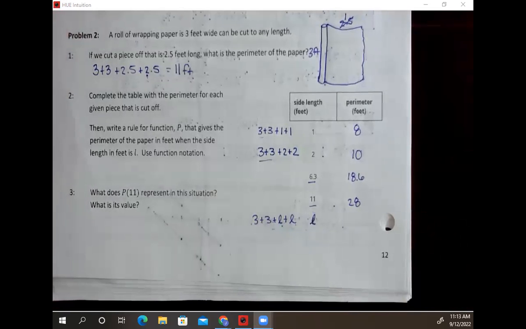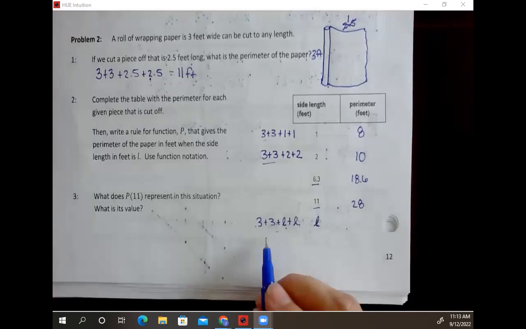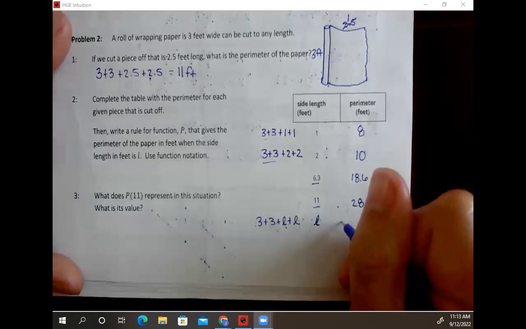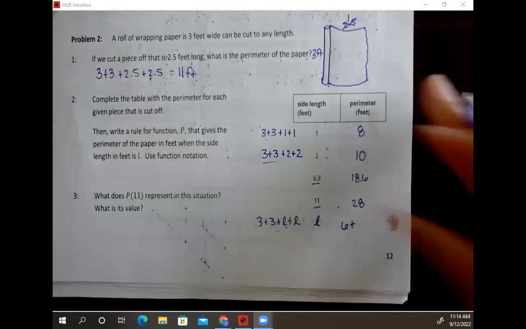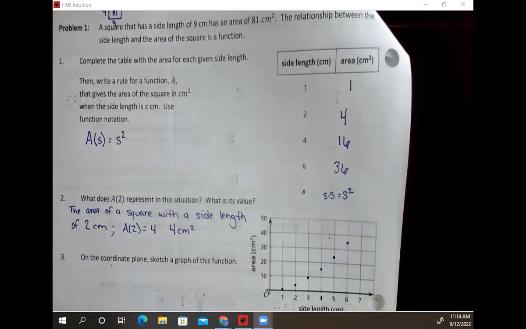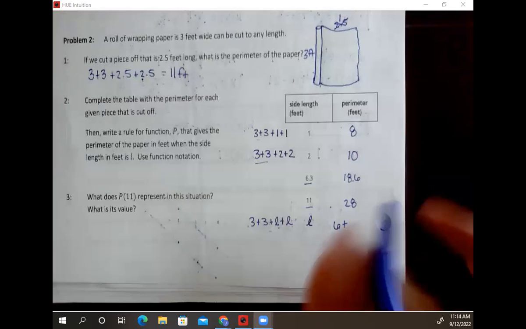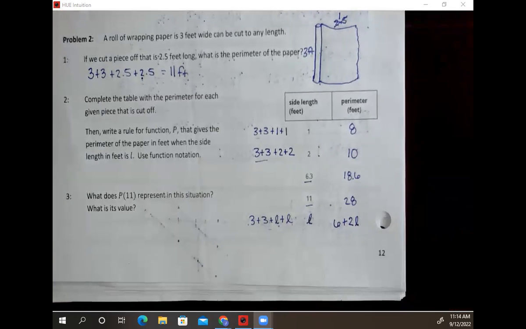What's another way I could write this? Not quite. What is 3 plus 3? 6, right? So we can do 6 plus, and then I want L plus L. Now up here we said S times S with S squared. Since I'm not multiplying, it's not going to be a square, but it will be 2L. Does that make sense? Okay. So 6 plus 2L could be my rule for that.